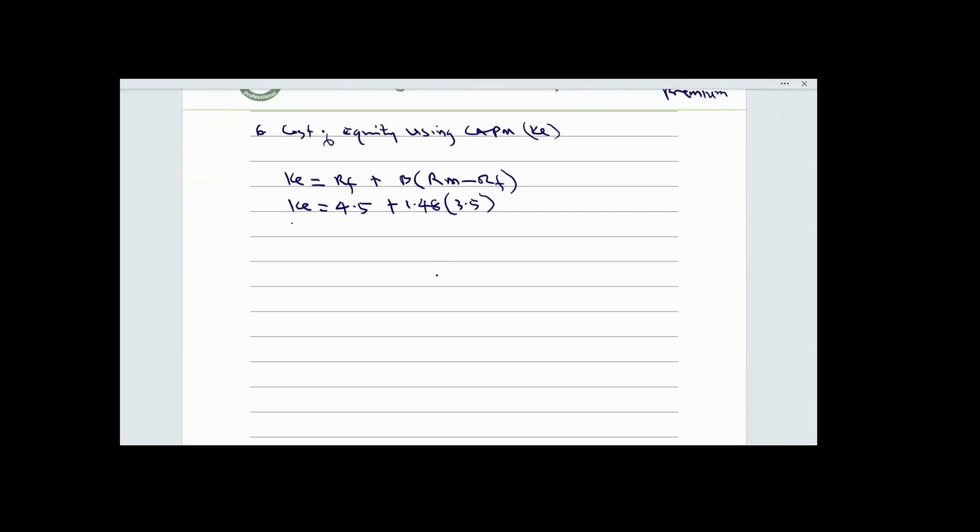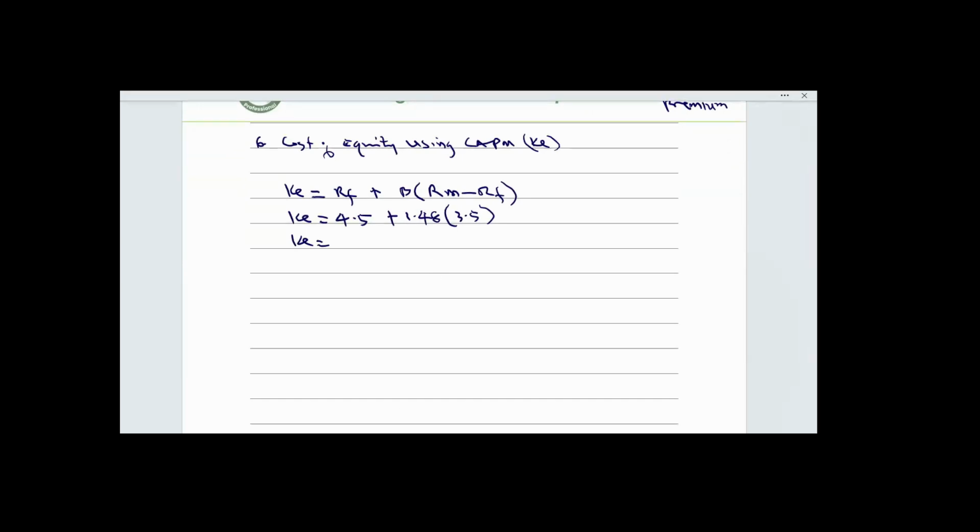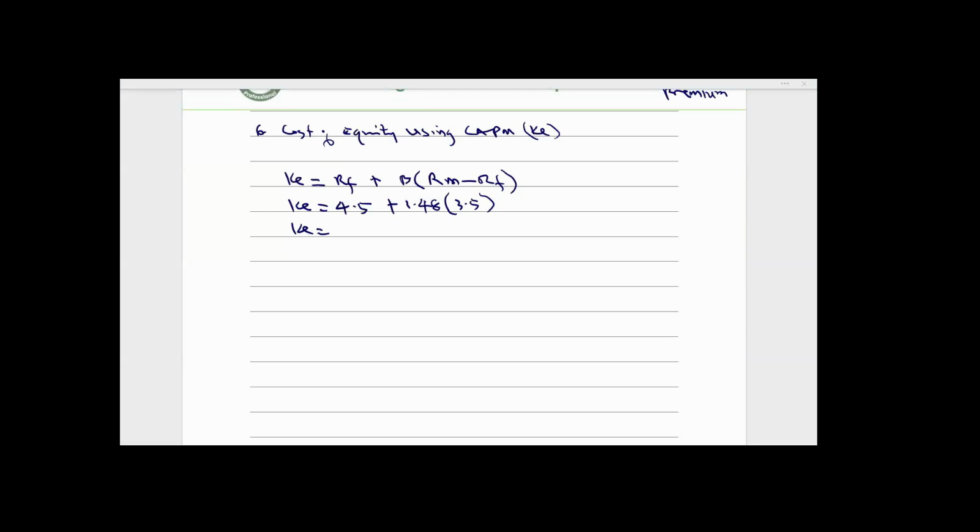So cost of equity will then be equal to 3.5 multiplied by 1.48, plus 4.5. That's 9.68. Cost of equity is 9.68%.